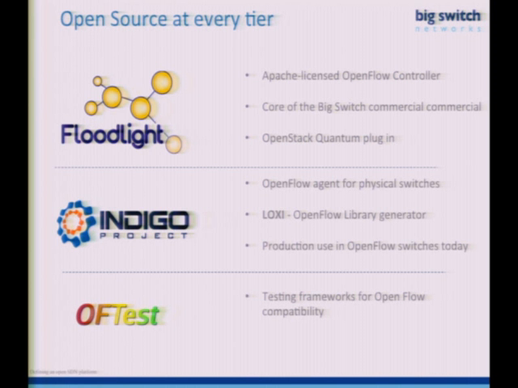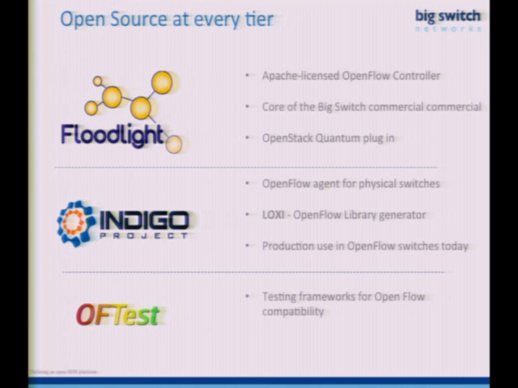So you still have to do work to integrate it with your switch, but Pronto and Netgear have actually used Indigo to OpenFlow enable their switches. And what our company does also is we try to work with any switch vendor that wants to support OpenFlow, because there's a larger footprint of available OpenFlow deployments out there that helps our company.